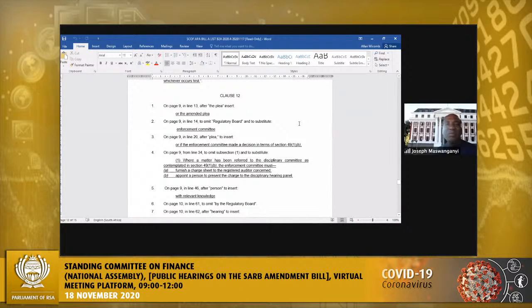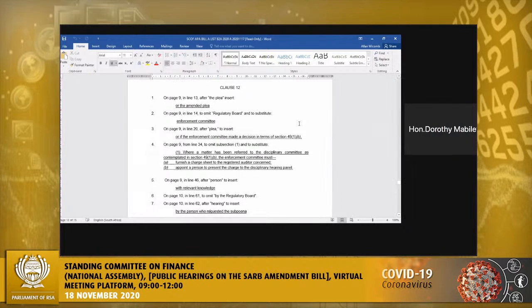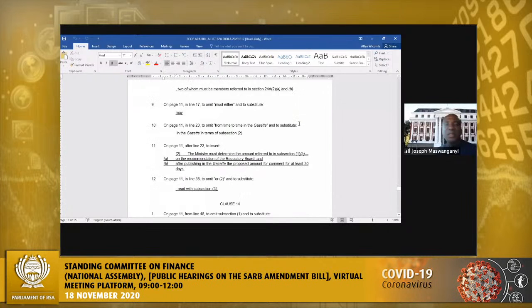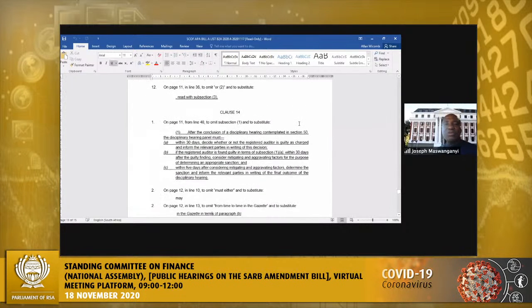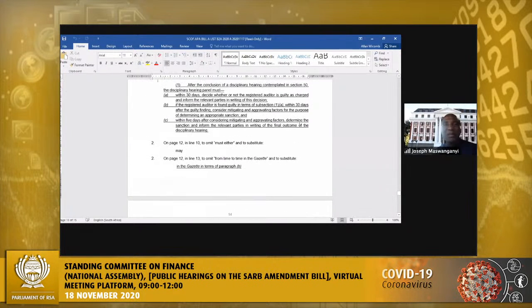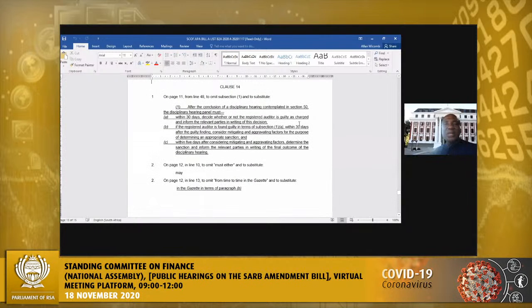On page 9 in line 13, after the plea, insert or amended plea. Agreed. Clause 12, agreed. The next clause, clause 14. Go back a bit. On page 11, from line 48, to omit subsection 1 and to substitute with that paragraph.